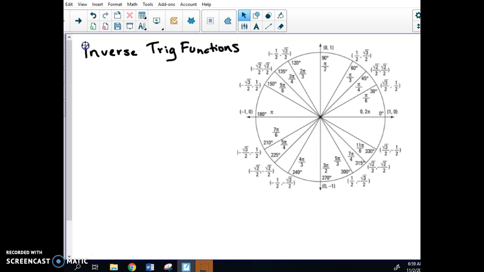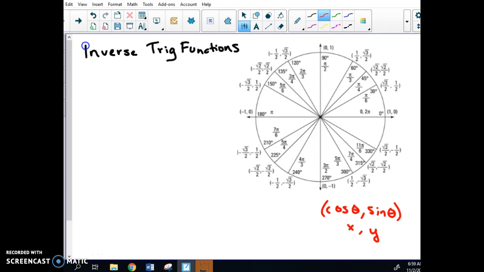So to start off with, remember that all of your values here are in the form of cosine theta, comma, sine theta, in terms of x, comma y, when we're looking at our unit circle. Before, I would give you a radian measure and you would have to find the cosine or the sine or even the tangent.